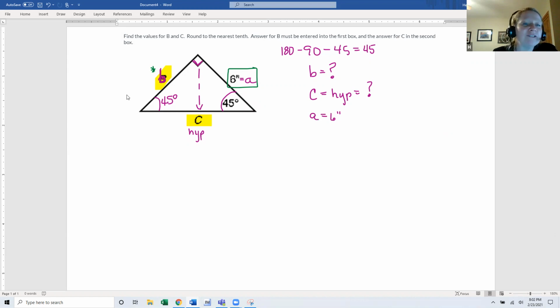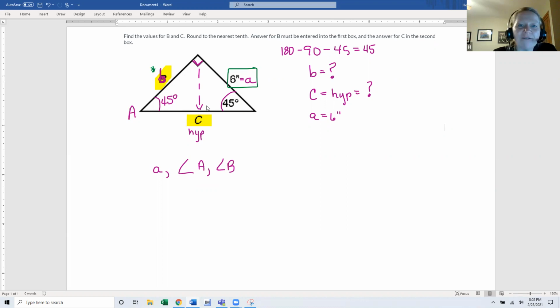So I need a trig function. If I want to solve for little b, I need a trig function that uses little a. It uses an angle. It could use either angle A or angle B. It wouldn't matter because we know them both. And actually, let's go ahead and label those as well.